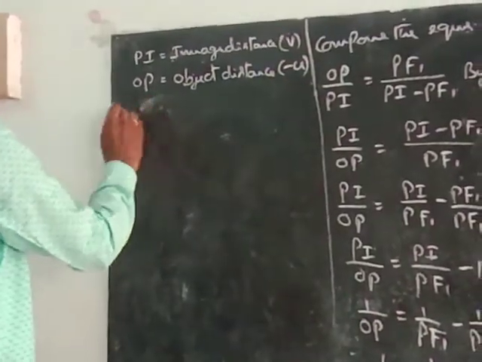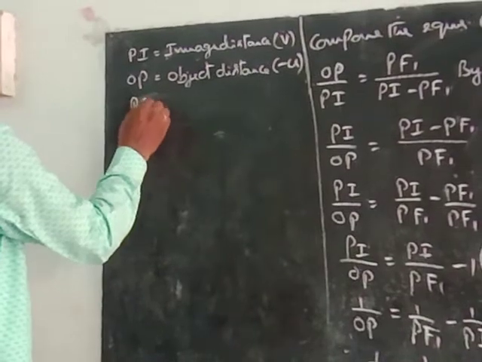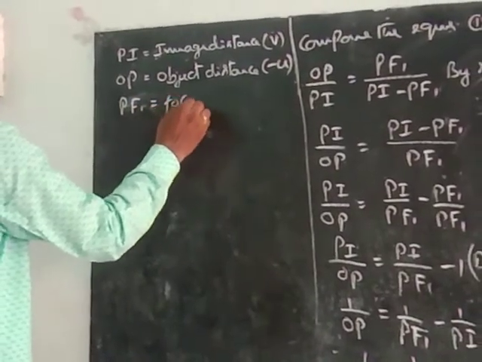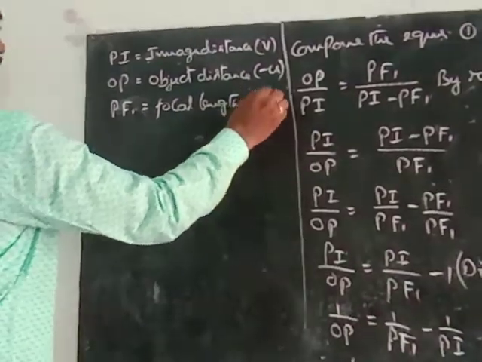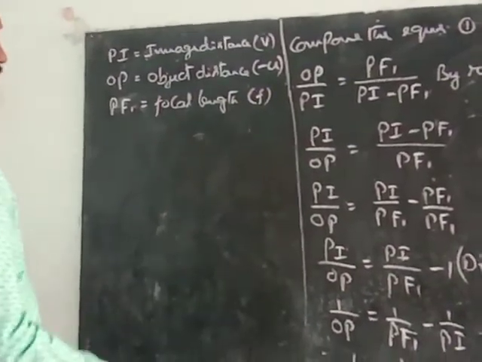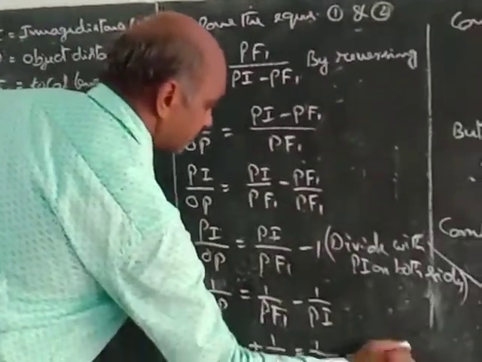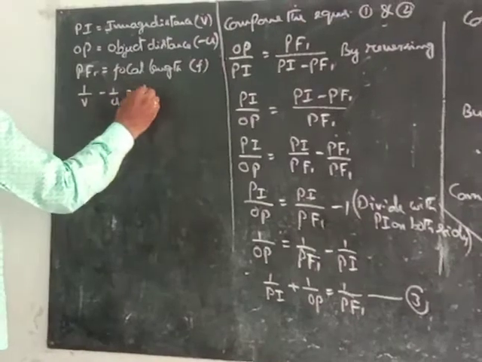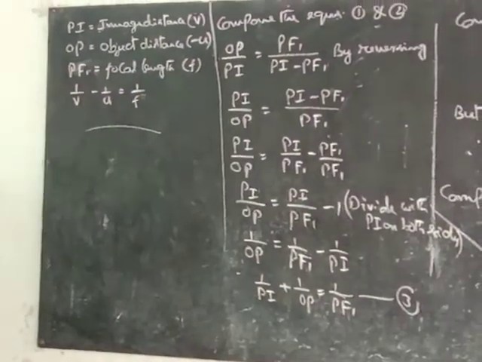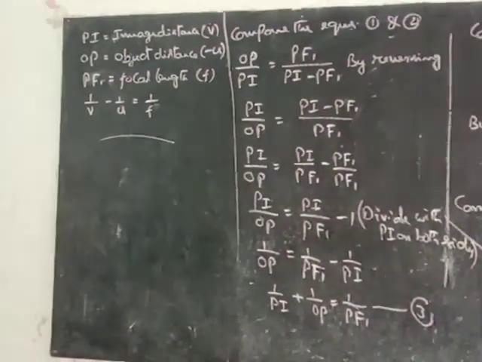And PF1 is the focal length, small f. By substituting these in equation 3, 1 by v minus 1 by u is equal to 1 by f. This is the derivation of the lens formula.